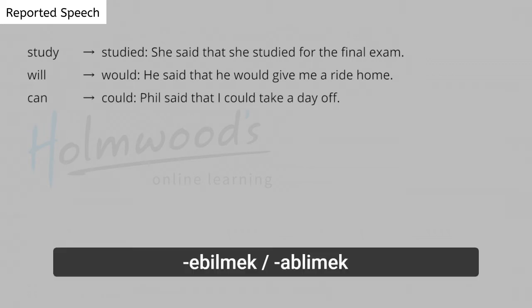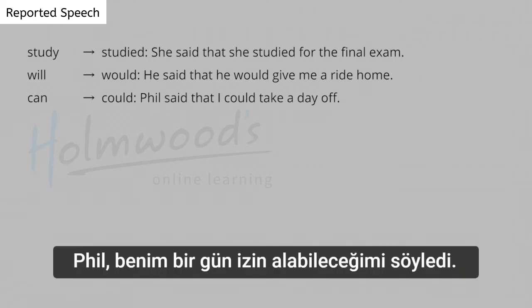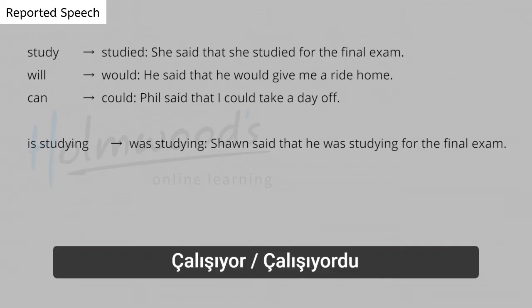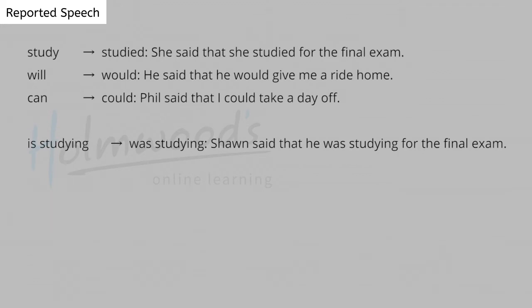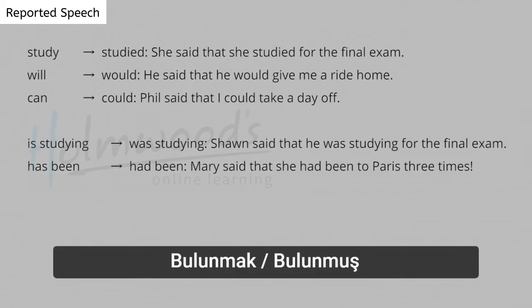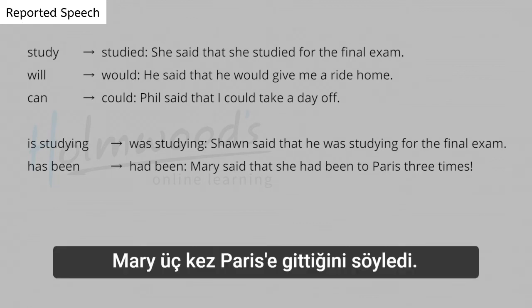Can, could. Phil said that I could take a day off. Is studying, was studying. Sean said that he was studying for the final exam. Has been, had been. Mary said that she had been to Paris 3 times.